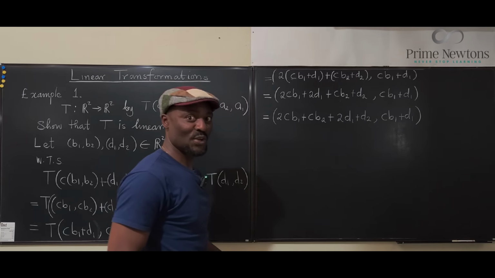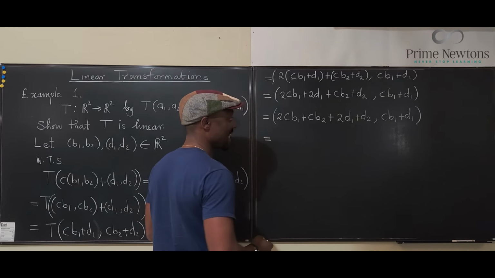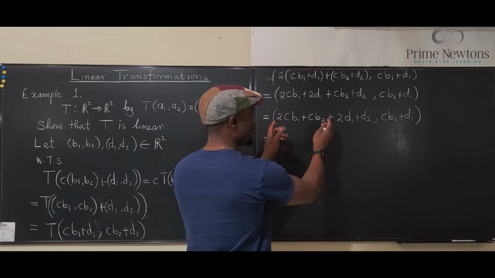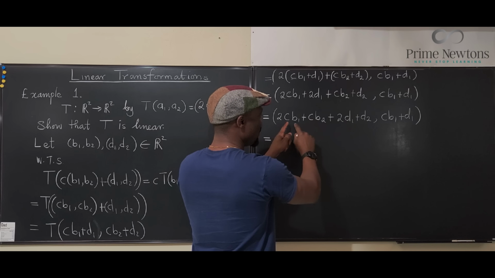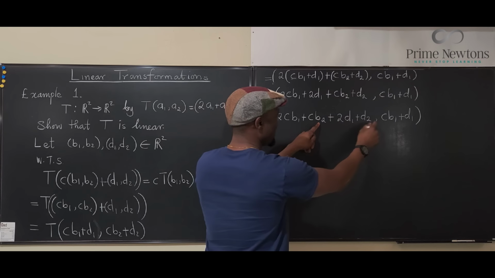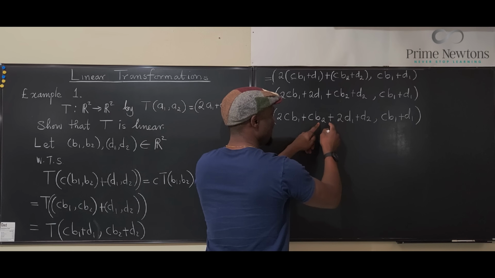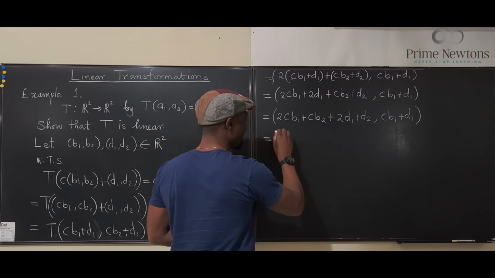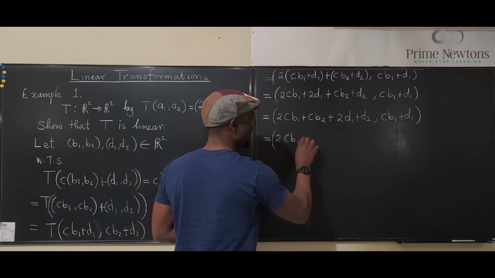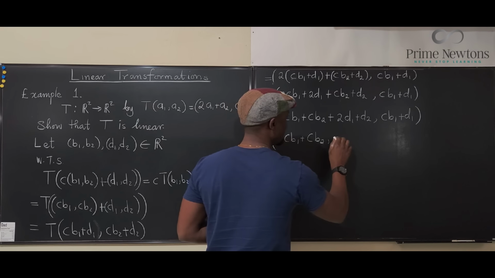Okay, it's going to look really clean now, because I can actually separate this. So if I take this 2CB1 plus CB2, and then I take this CB1 and bring it here in a comma, I can separate these two so that I have 2CB1 plus CB2, comma, CB1.